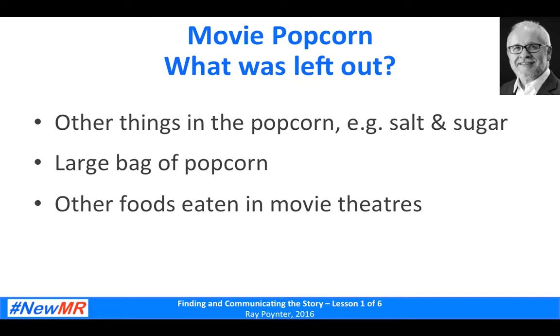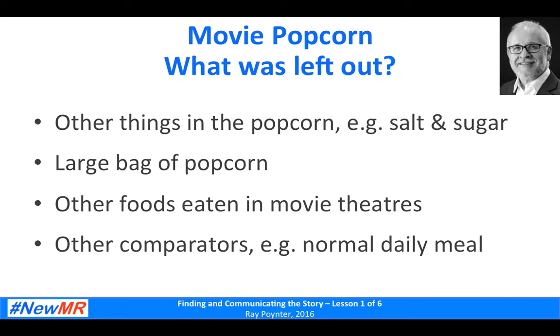Other foods eaten in movie theatres. What about hot dogs? What about ice creams? Yeah, interesting, but they're not needed for this story. We don't need to make every single comparison. Other comparators, normal life, daily life, ordinary meals, yeah, we don't need to cover all the space. We leave things out to make a really strong message.